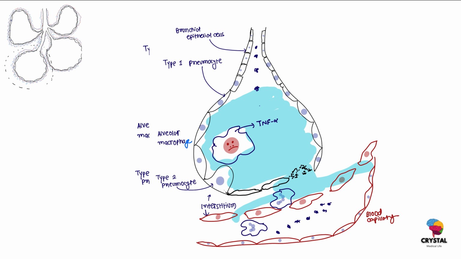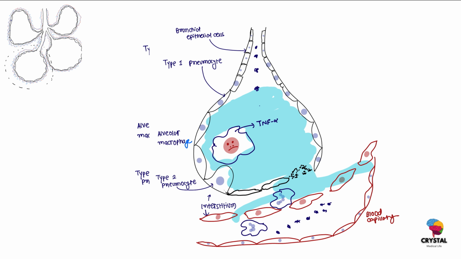So the next step is neutrophil activation and inflammation. So this is the neutrophil. They will come here through the interstitium and into the alveoli. These are supposed to help, but instead they cause even more damage.